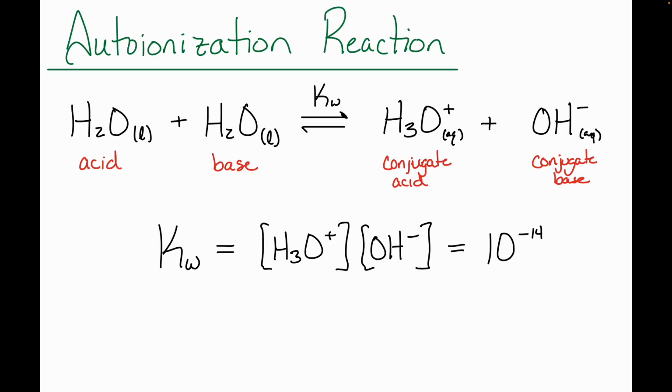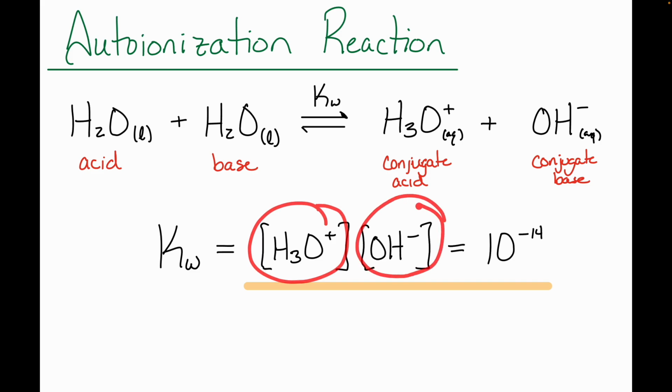But nonetheless, this is a really powerful equation and going to be very important in this chapter, because what it says is that the concentration of hydronium times the concentration of hydroxide in my aqueous solution is always equal to the same number, that 10 to the negative 14. Which means if I know one of these, I can always find what the other one is as well, because their product has to equal that same value. So this here is true for every aqueous solution.